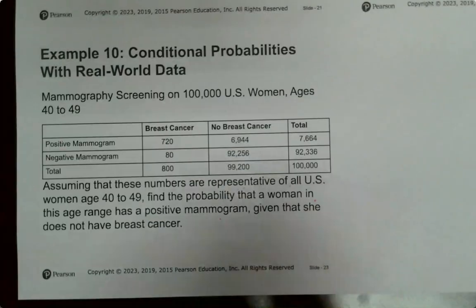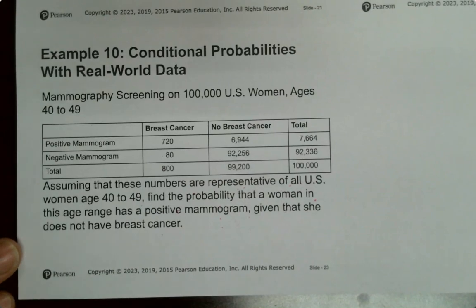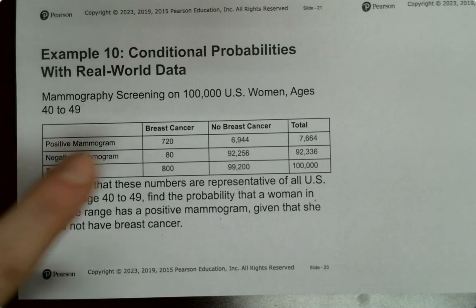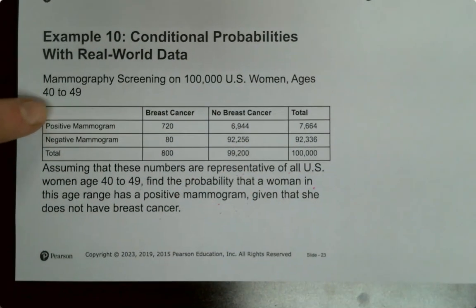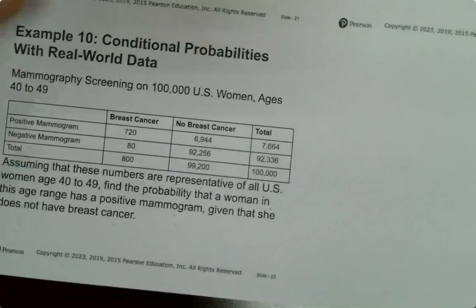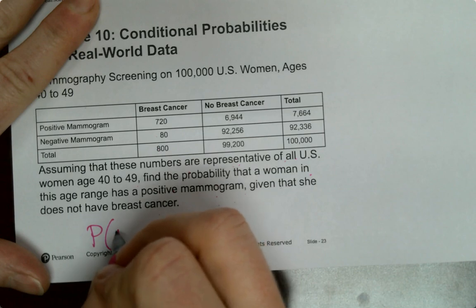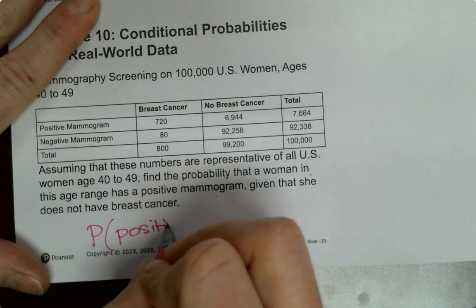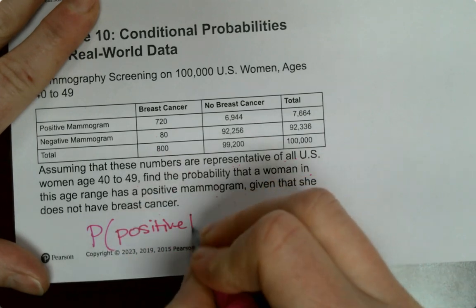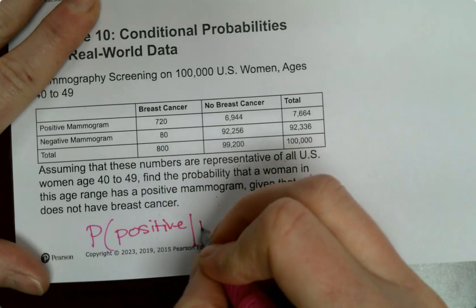the last problem. This is a real-world example, mammography screening of 100,000 women ages 40 to 49. So we have breast cancer, no, positive, negative, and total. So let's find the probability of a woman having a positive mammogram given that she does not have breast cancer.